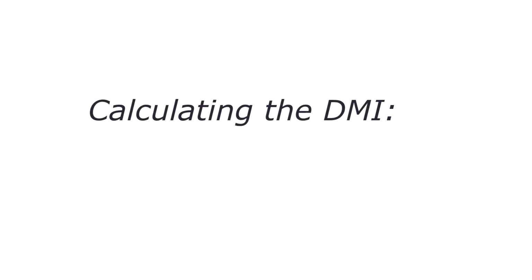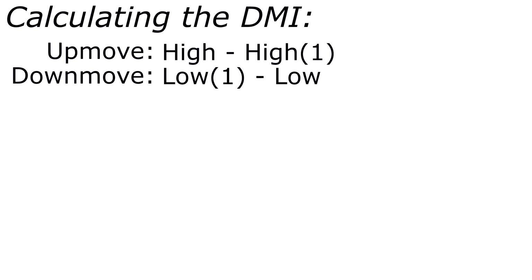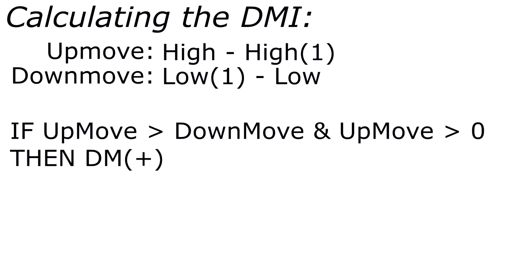The math is also pretty straightforward. To calculate the DMI, two functions must be first created, the up move and the down move. The current candle high minus the previous candle's high is up move. The previous candle's low minus the current low is down move. So if the up move is a higher number than the down move and the number is positive, then it becomes DM positive.